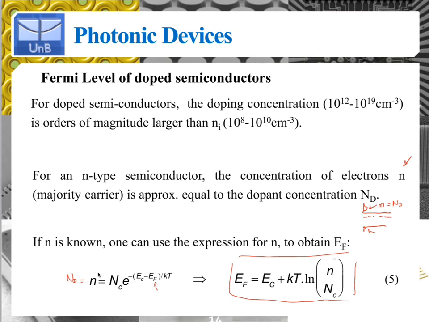The Fermi level is equal to EC plus KT times Ln of the carrier concentration N divided by Nc, which we know. So we just substitute the dopant concentration Nd, be it 10 to the 15th, 10 to the 17th, or 10 to the 19th, and we find EF directly.